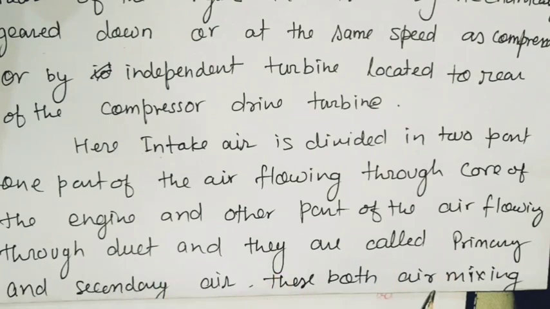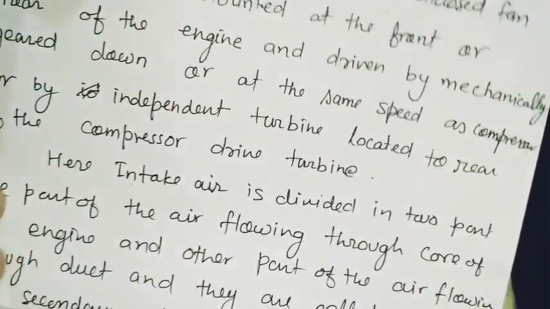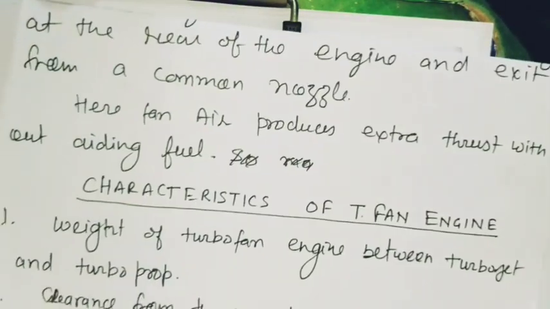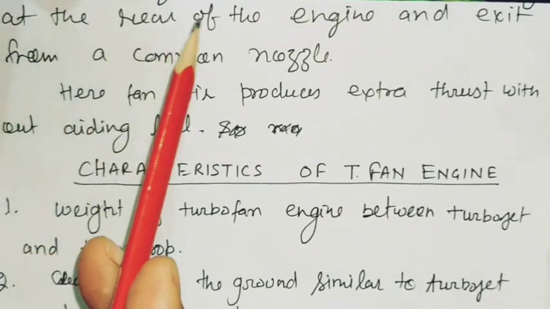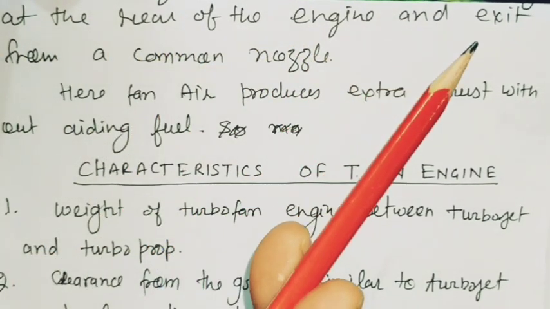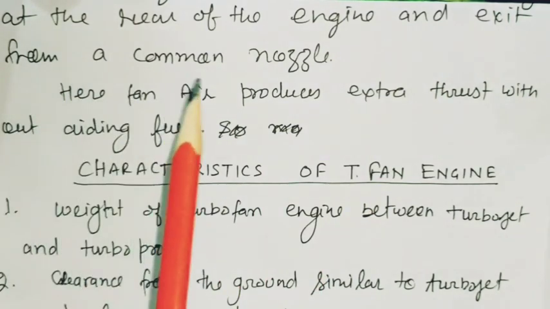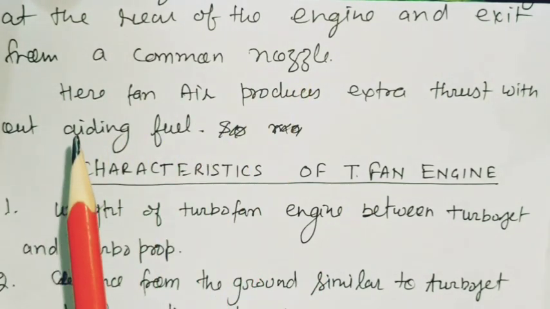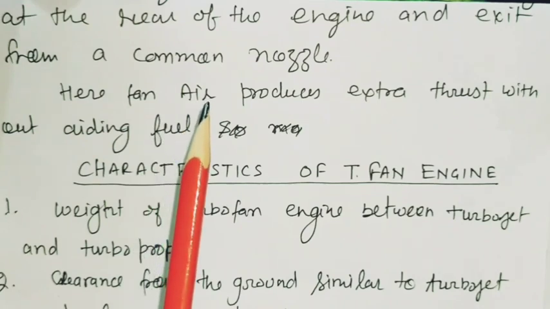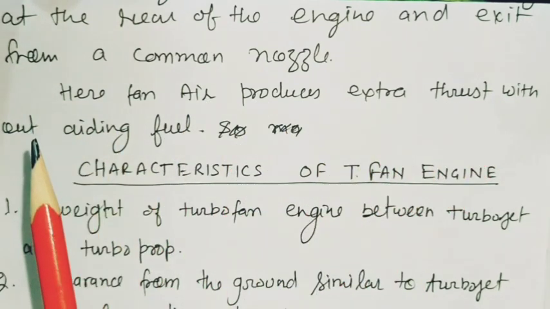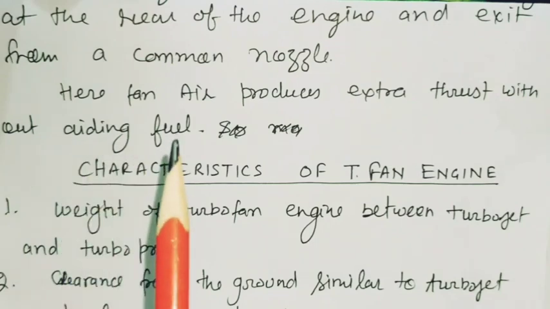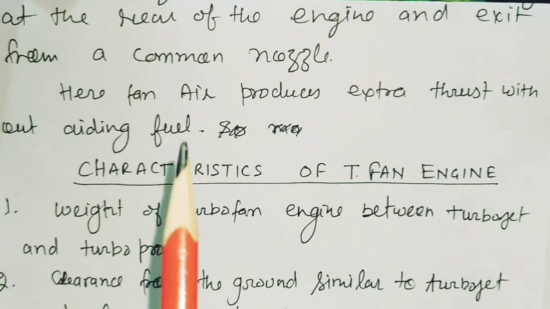These both airs mix at the rear of the engine and exit from a common nozzle. Here fan air produces extra thrust without adding fuel. That's why thrust can be increased without adding fuel in this kind of engine.